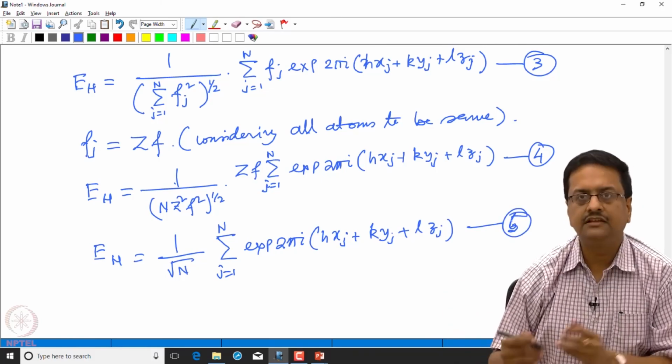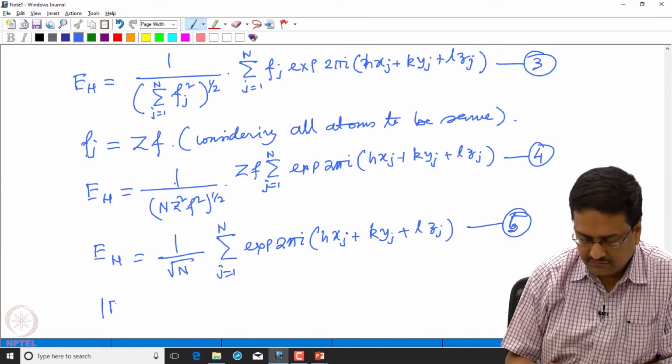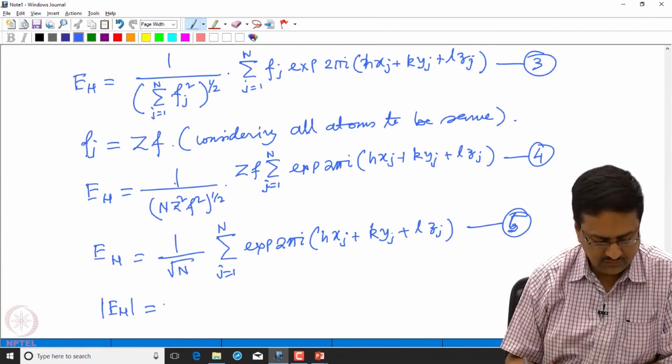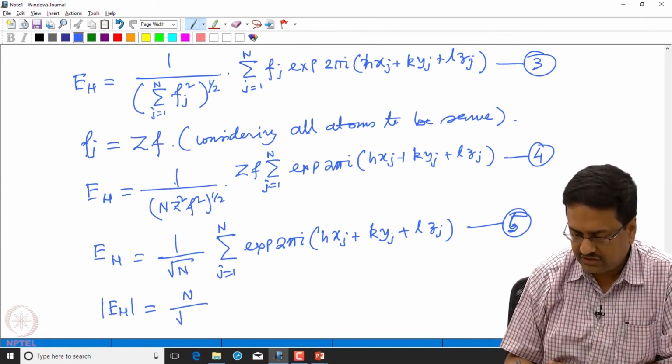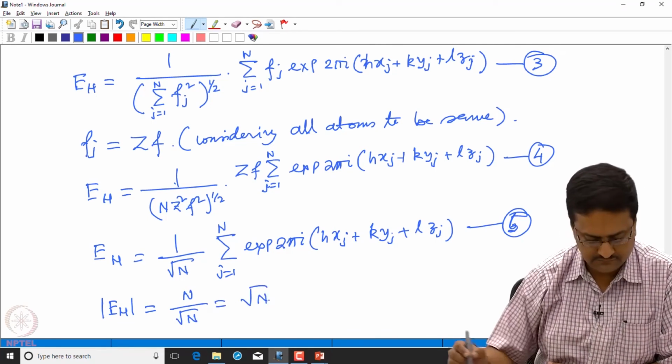So the maximum possible value for mod E_H is n by square root of n, which is equal to root n.